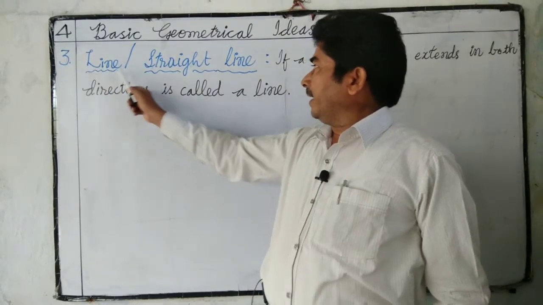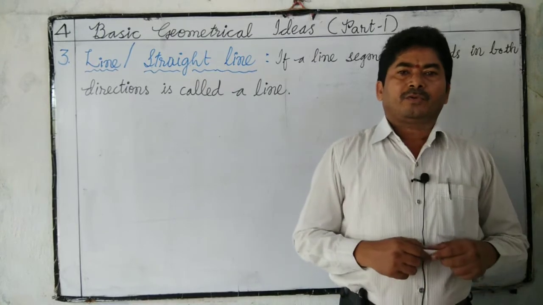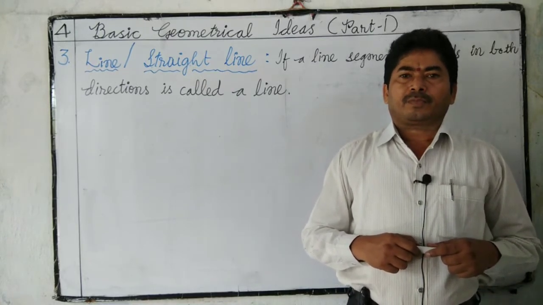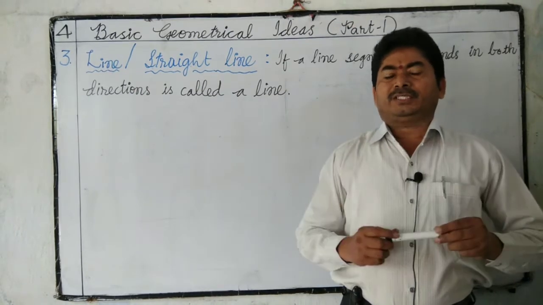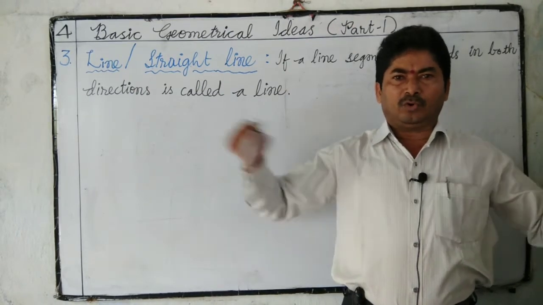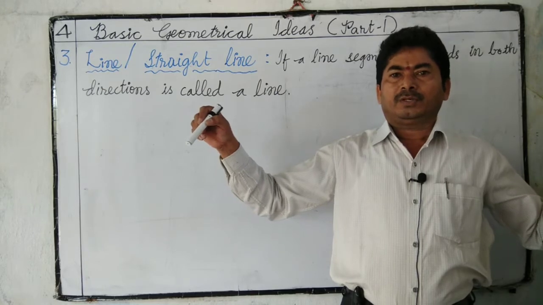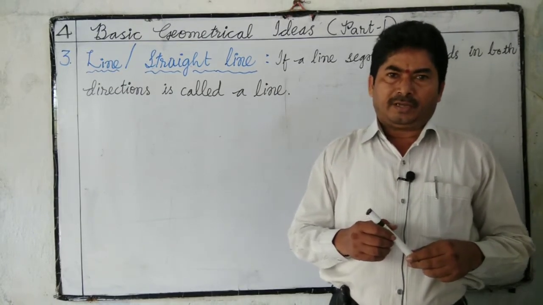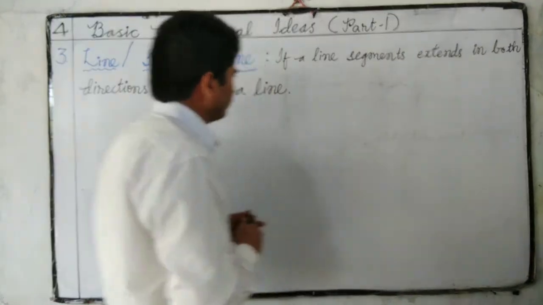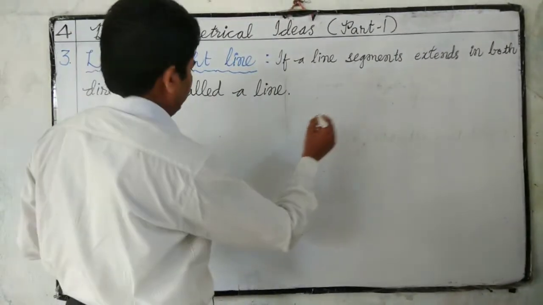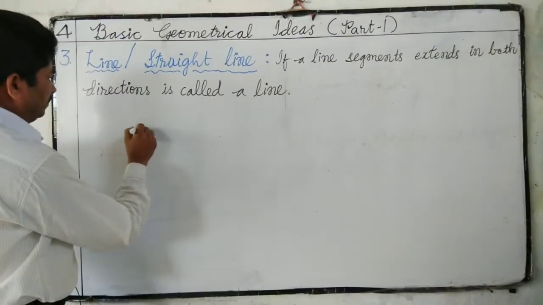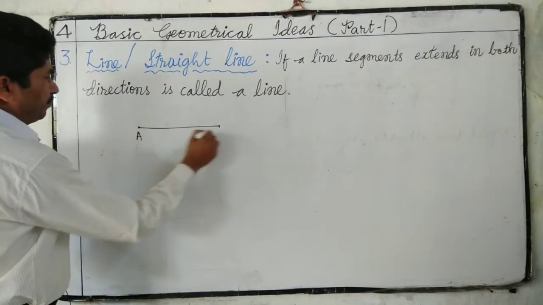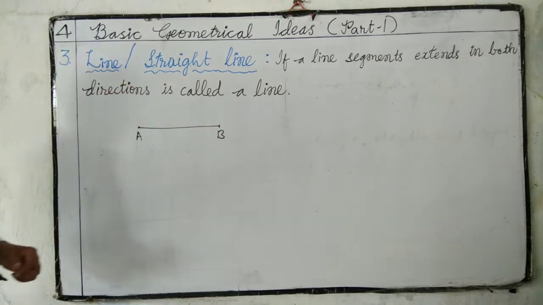Third one, line or straight line. What is a line or straight line? If a line segment extends in both directions, it is called a line. Let us see a figure. We know this is a line segment.